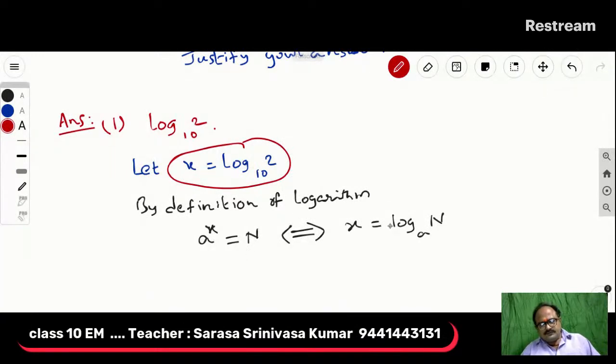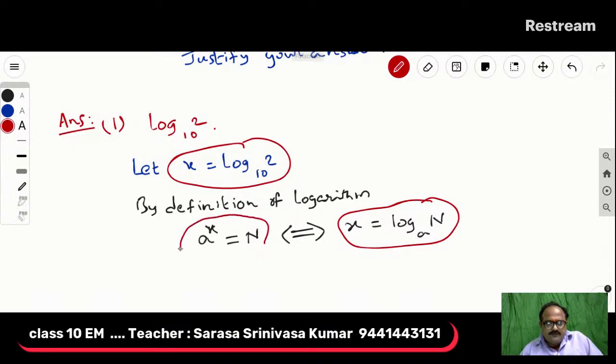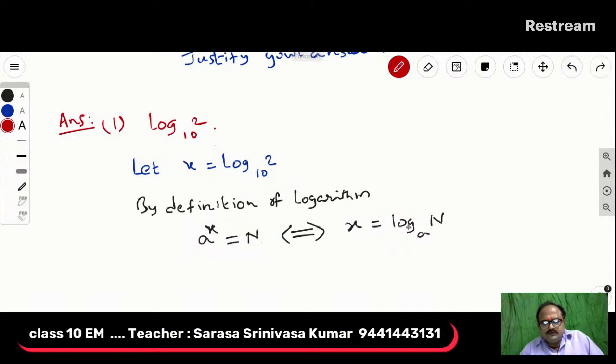Now, this is in the form x equal to log n base a. Then it can be written by the definition of logarithm as a to the power of x equal to n. Here let us compare this: in place of x we have x, in place of n we have 2, in place of a we have 10.